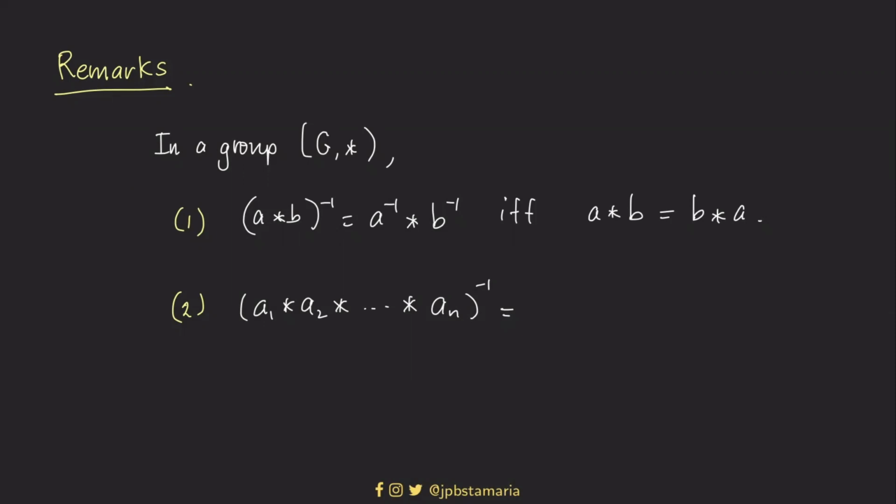You just take the inverse of each element, but you have to do it in the reverse order: AN inverse, A(N minus 1) inverse, and so on, until you arrive back at A1 inverse. It's like a generalized shoes and socks property. But this time, you have many socks, not just one. Maybe three socks, and so on.